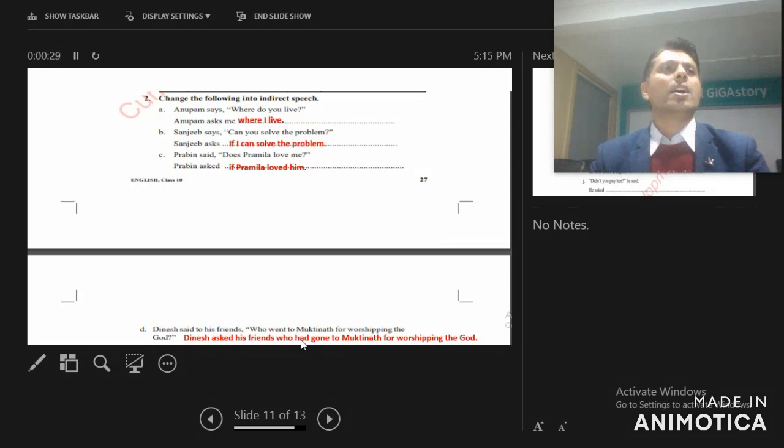Said to becomes asks. His friends remains the same. Who is a connective, so we can use who. Went, simple past, changes into past perfect: had gone. Who had gone to Muktinath for worshipping the god.